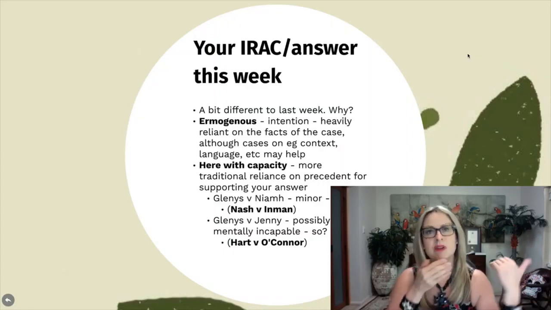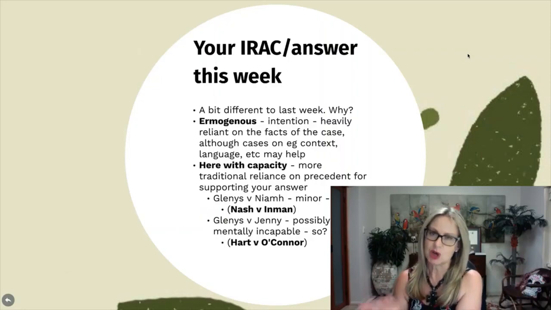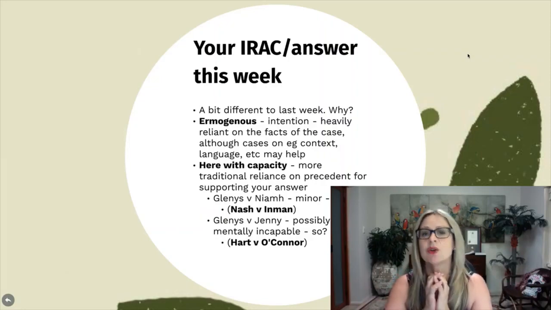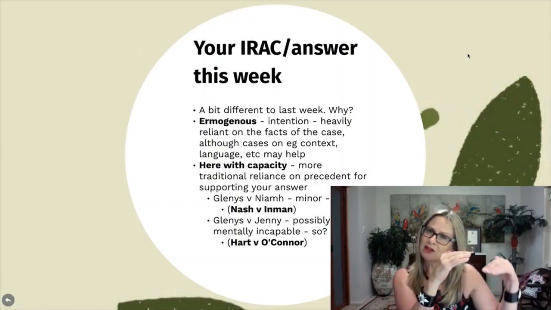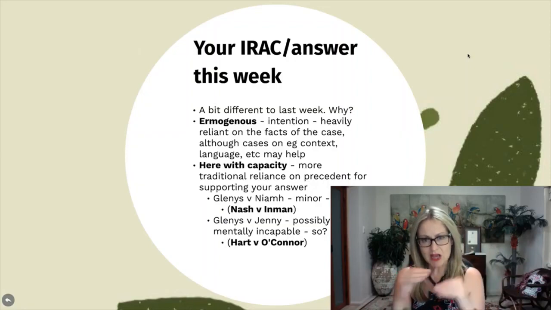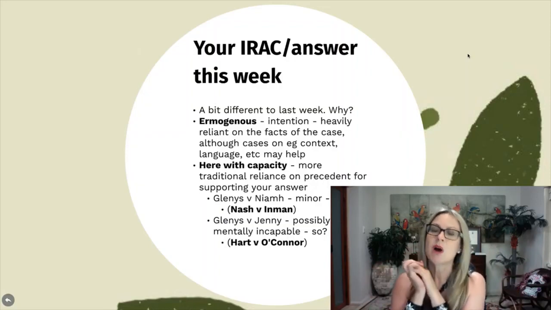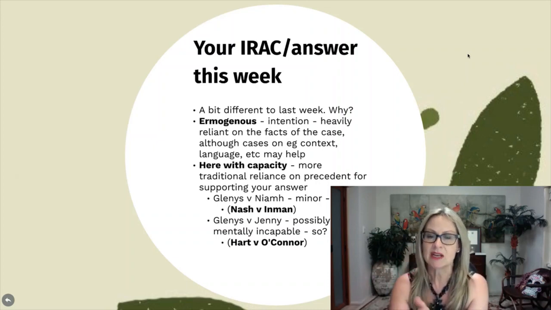This week we're moving more into the traditional type of problem answering, and so you will need to know much more about the cases, more about the facts of those cases, in order to line up and see which way you think a court might come down when they are looking at this issue of Glenys, the seamstress, and Nem, the miner that wants her formal dress, and Jenny, the person who has this depressive illness that wants this fancy dress.